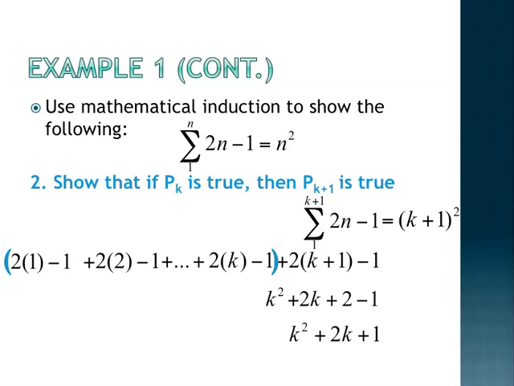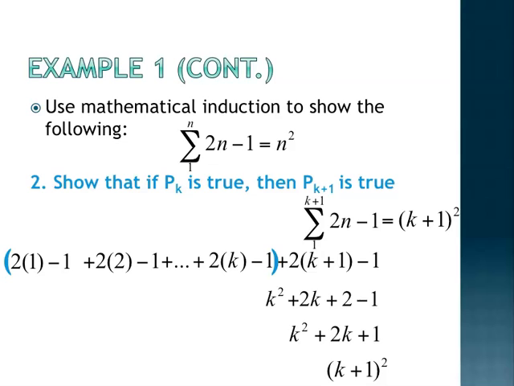And then this is actually factorable, right? We can actually write this as what? (k+1) times (k+1), or (k+1) squared, which is in fact what we have on the right-hand side. So we have successfully shown that the left-hand side of P sub k+1 is going to equal (k+1) squared because we know P sub k is true.